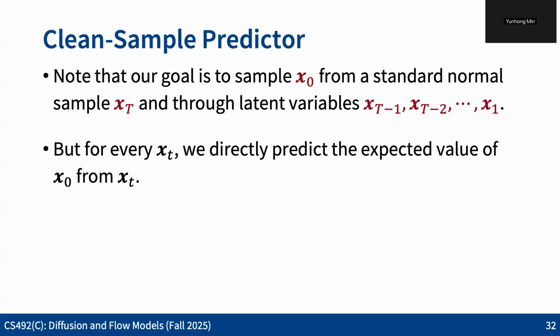But the interesting thing with the clean sample predictor is that in every intermediate step of the xt, we are seeing some kind of expected value of the x0. And that means that the sampling of the xt minus 1 is based on a prediction of the final output of the x0. So every time from the xt, we are seeing what we are going to get at the very end of the whole reverse process.